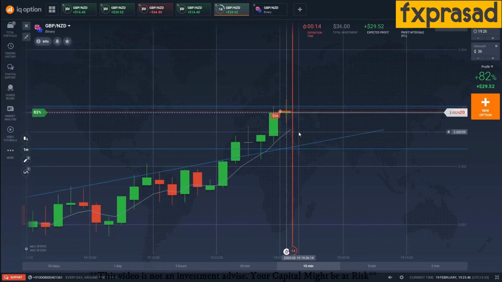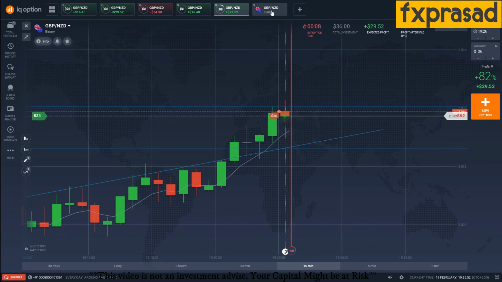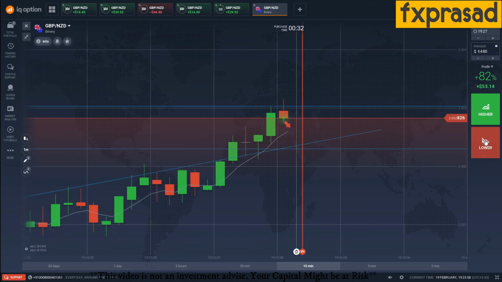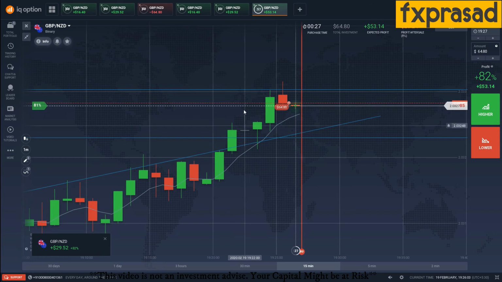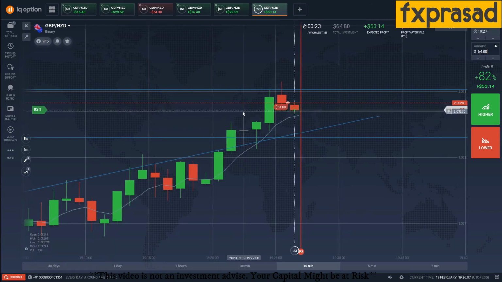Again sellers will continue this market, because previously this was the doji. In this area sellers will continue, this area is also a sellers' area.